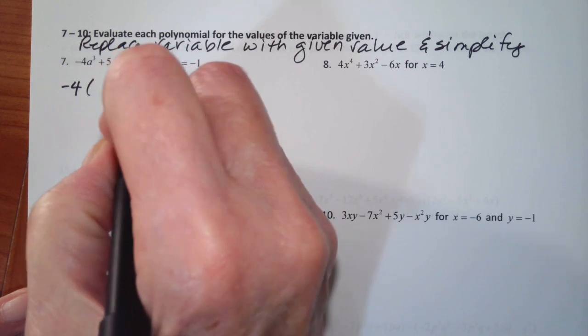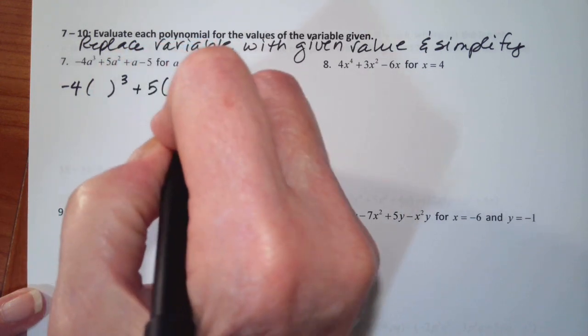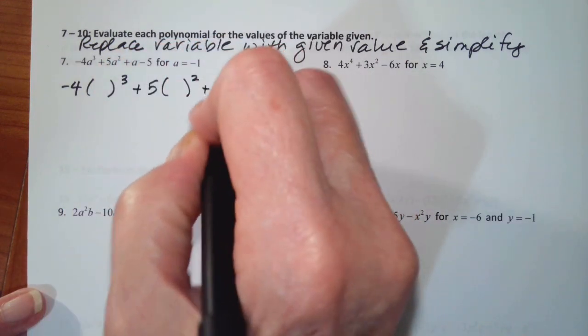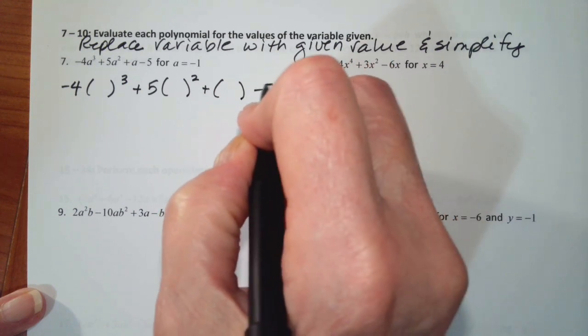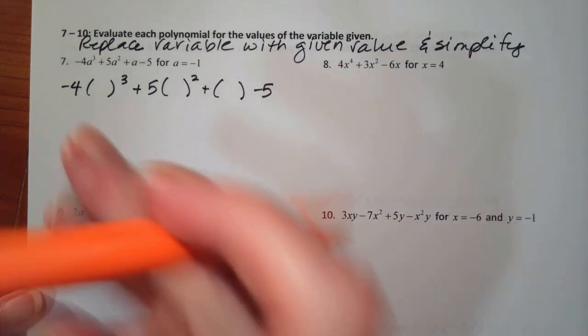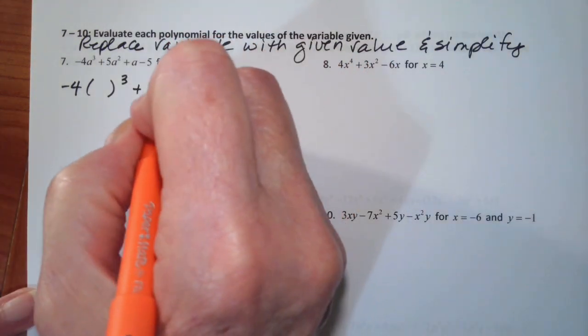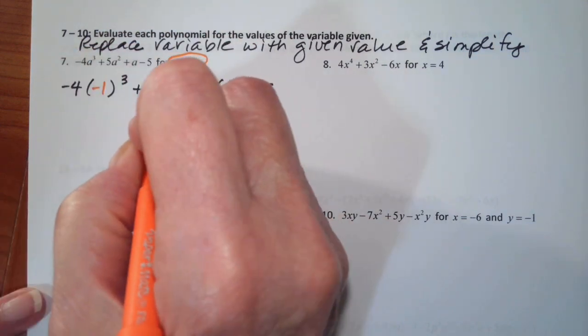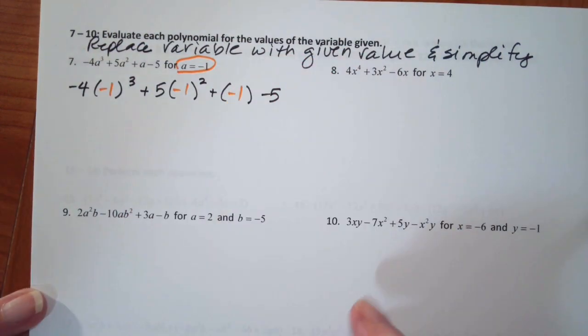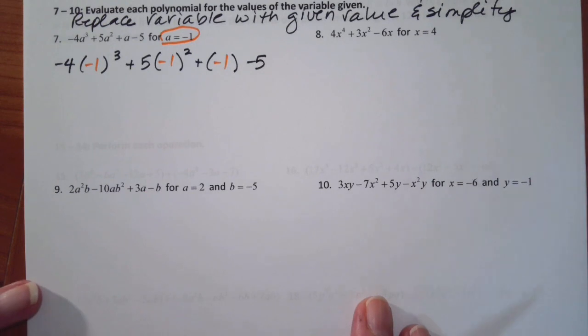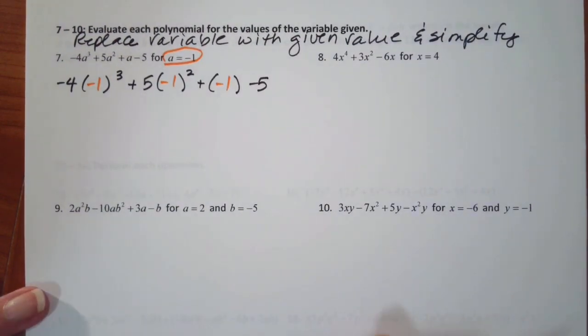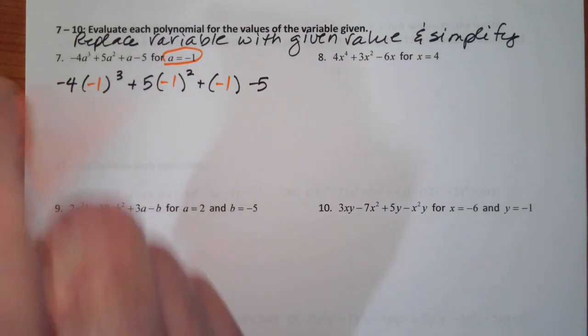Well, the way I start out is I write down everything except what I'm replacing. And then if a equals negative 1, then that means negative 1 goes here, negative 1, negative 1. Now, using order of operations, the first thing I would do is my exponents.